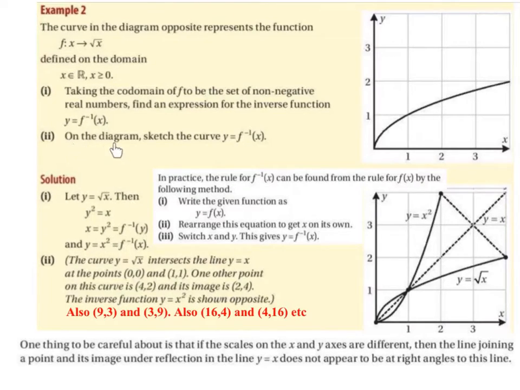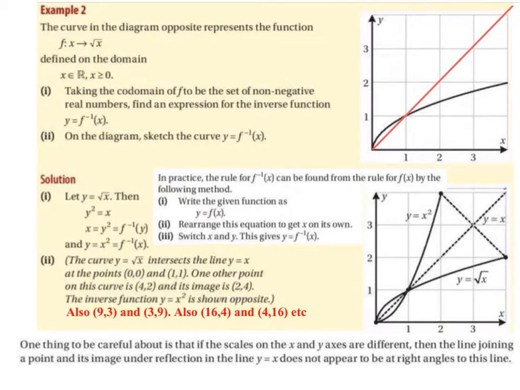Part 2, on the diagram, sketch the curve y equals the inverse function of x. So the curve y equals square root of x intersects the line y equals x at the points 0, 0 and 1, 1. So I'm going to draw on the line y equals x along here.